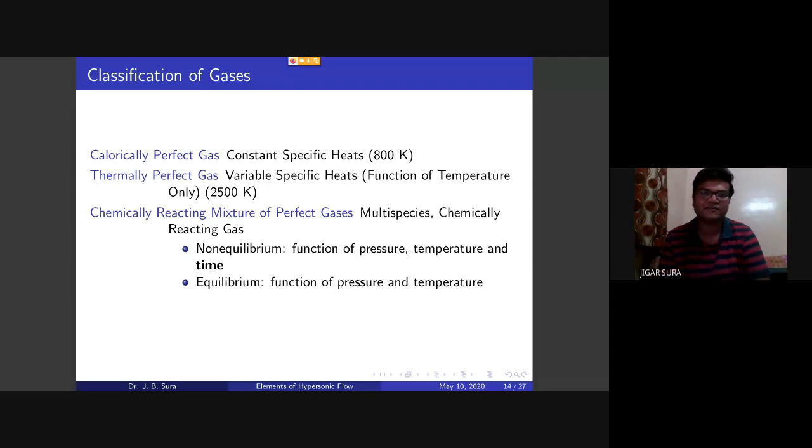Now what is the implication of this assumption? Usually when we solve any problem using CFD or numerical methods, you use mass, momentum and energy conservation equations. All these three equations are sufficient to give you the answer. But when you include chemical reactions, you have to include one more equation, which is known as conservation of species.